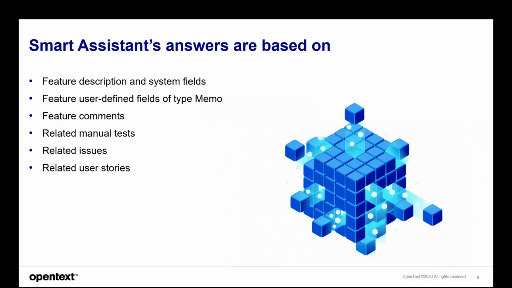As we saw in the information within the application, this is at the moment the scope of the data that we get by interacting with the feature. So we get a description and memo fields, comments, and the related issues, defects, stories, and manual tests.